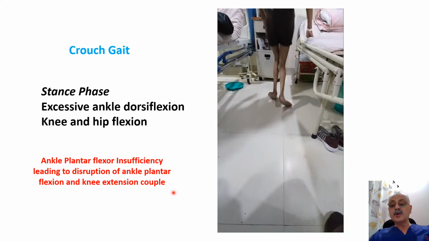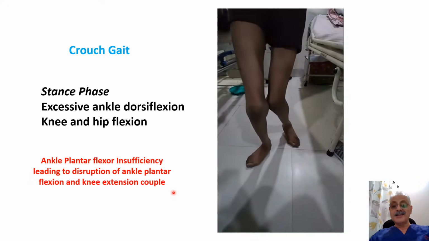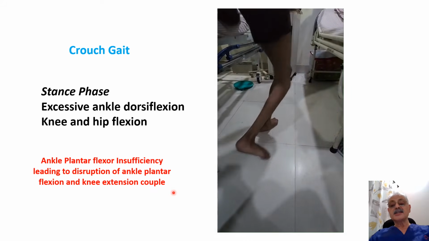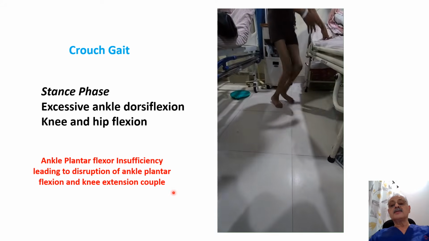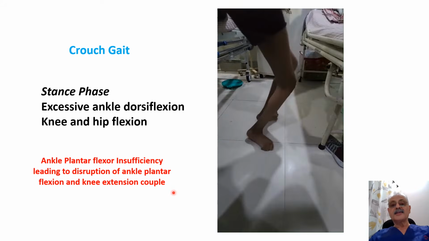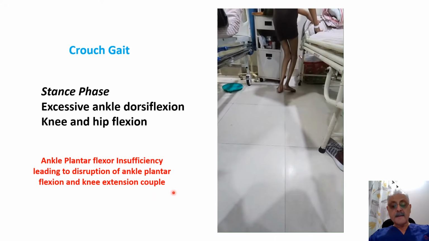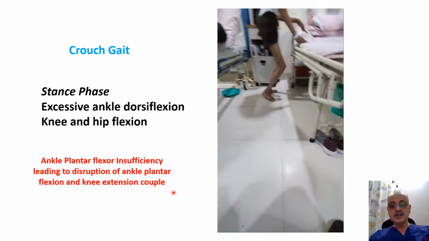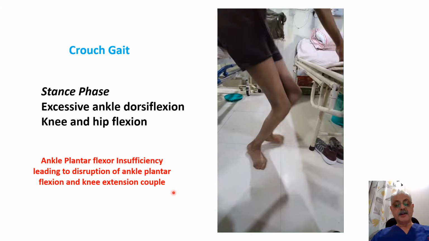And this is more common when you do tendo Achilles lengthening in the early stages in diplegic patients. So I suggest we should avoid early Achilles tendon lengthening in diplegic patients particularly, while in hemiplegic patients it may be a helpful procedure in cerebral palsy.